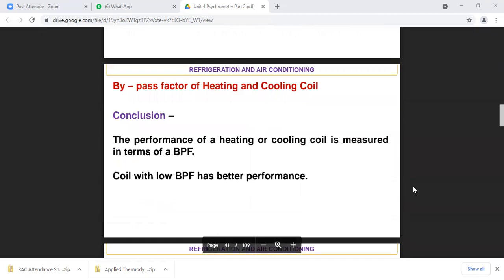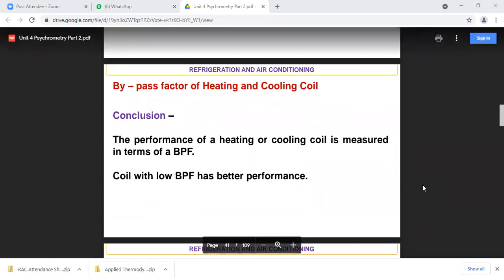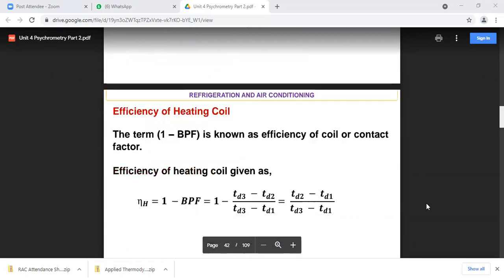So the conclusion we are getting: the performance of the heating and cooling coil is measured in terms of the bypass factor. A coil with low bypass factor has better performance. The efficiency of the coil we can measure in terms of 1 minus bypass factor, which is the efficiency of the coil or the contact factor.